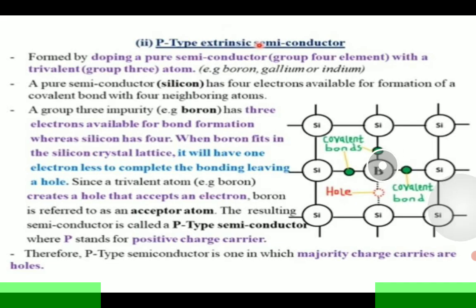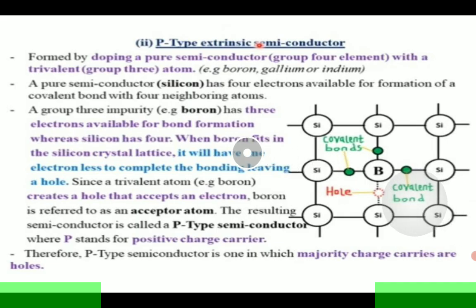So when you bring boron into the structure, only 3 electrons will be bonded, but the neighboring silicon atom, in this case this one here, will be the only one with an electron which is not bonded, closer to boron.